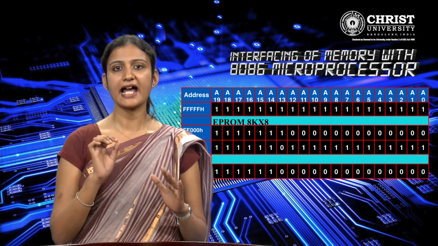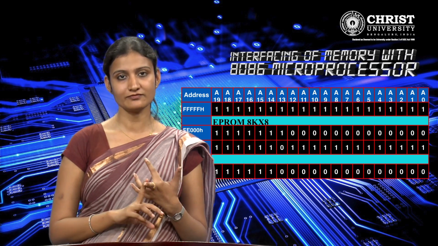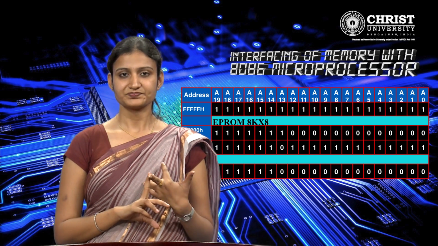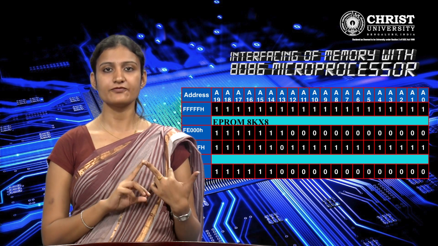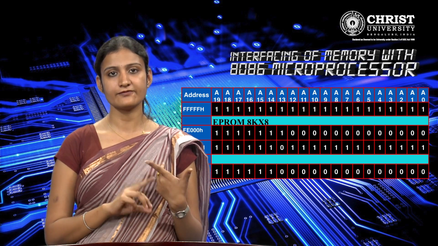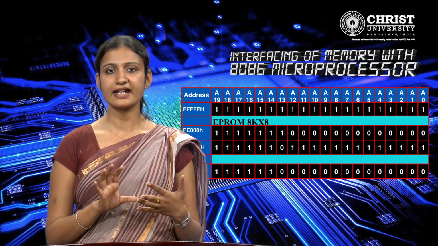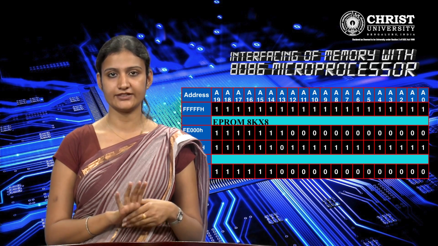After this, we will allocate the memory for ROM. First, as already mentioned, the starting address of ROM should be FFFFH. So, we will write this address in binary form.